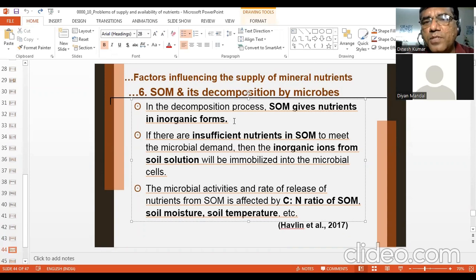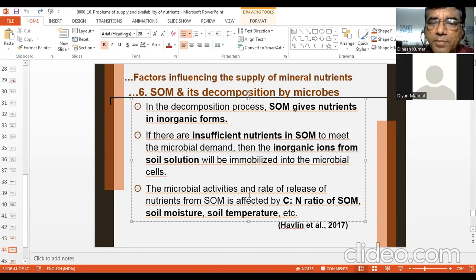And if there are insufficient nutrients in soil organic matter to meet the microbial demand, then the inorganic ions from soil solution will be immobilized into the microbial cell. So here you can have temporary nitrogen deficiency in the soil and for the crop.